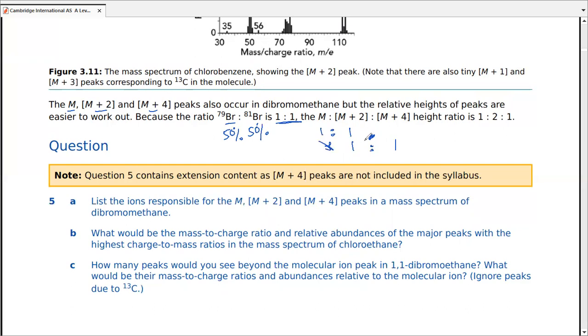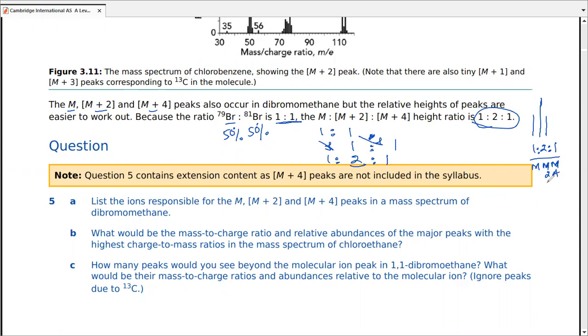If you work these out like we used to do, this would be 1:2:1, because this one in the center would be 1 plus 1. Hence the peak height would be this. So in the case of two bromine atoms, it literally works like this. The peak heights ratio is 1:2:1, which is M, M plus 2, and M plus 4.